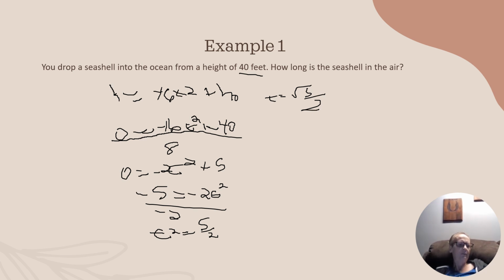So we take 5 over 2, and then we take the square root of that. The square root of 2.5 is 1.58 and some more decimals. Generally, we want to go one more decimal place than what's in the problem, so we're going to say about 1.6 seconds. That's going to be our final answer.